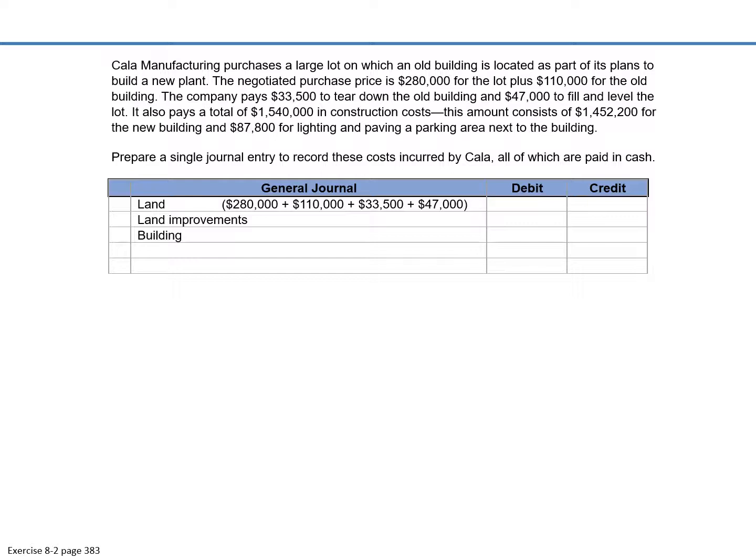Okay, so all of that becomes land cost. Then we're going to have land improvements of $87,800. So that's for the lighting and paving of the parking area. And we have our building cost of $1,452,200. So we're going to debit all of those accounts to increase them, they're assets, and our credit to cash for the total of $2,010,500. Okay.